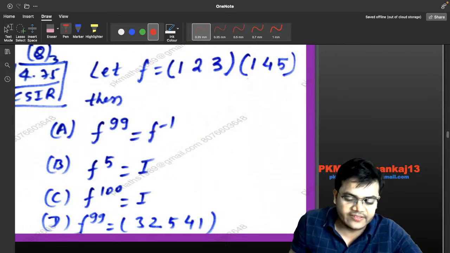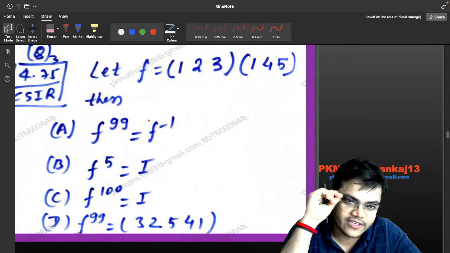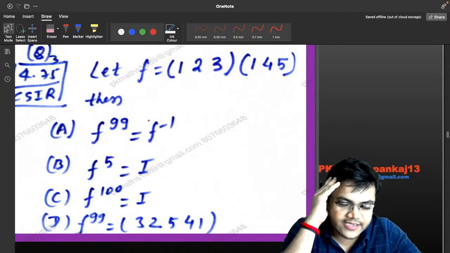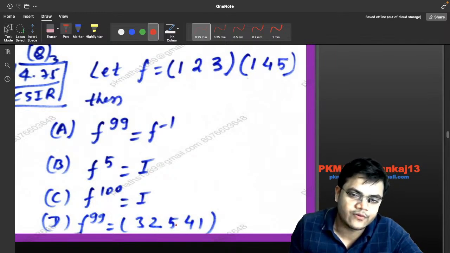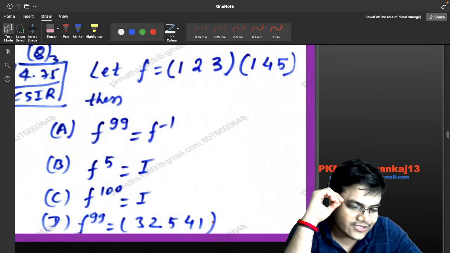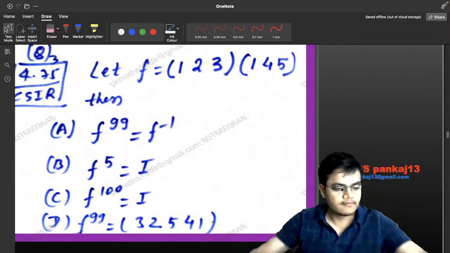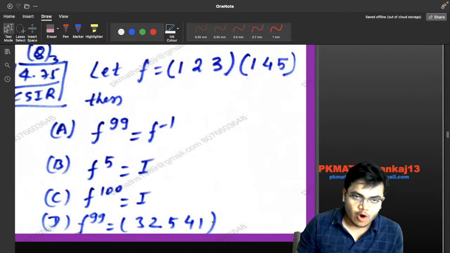Okay, f99, things like this are over here. f99 is equal to f inverse, f5 is identity, f100 is I. What would you like to say? f99 is this one, 3 2 5 4 1. What is the answer? More than one option is correct.